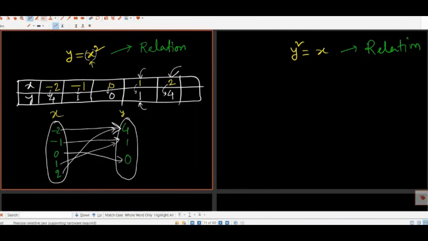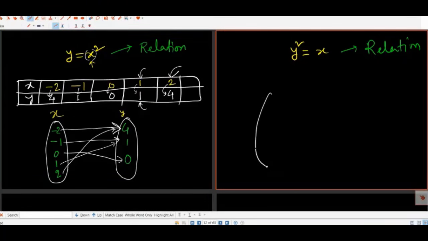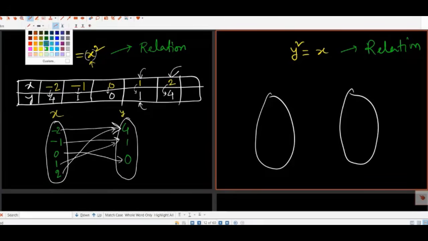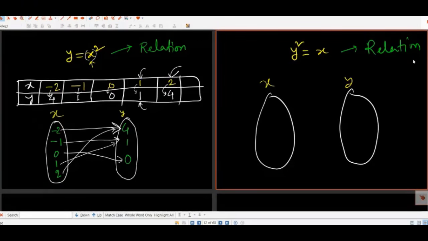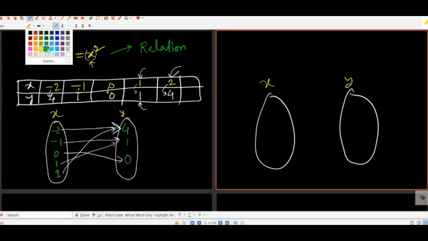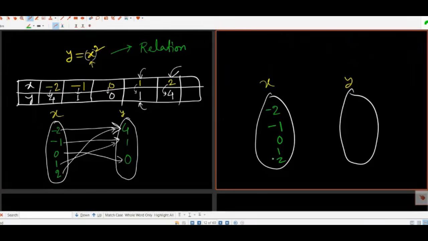But let me draw in a nice way so that you can understand. So we have x and we have y. The same values are here: -2, -1, 0, 1, 2.